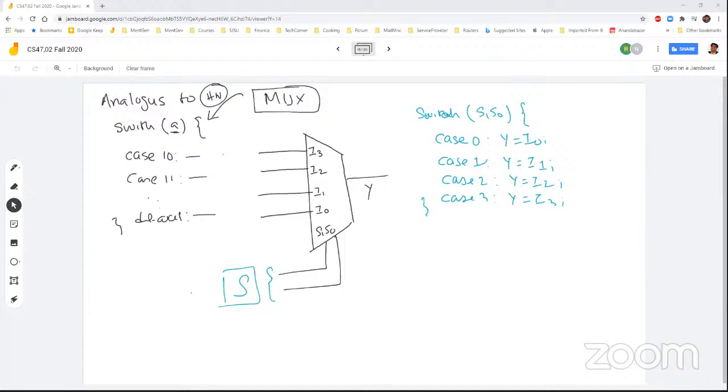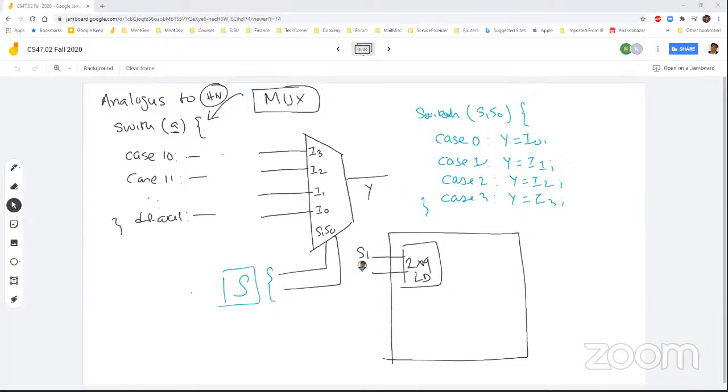To build this component, we need internally a decoder. Let's say, in this case, a 2x4 line decoder. S1, S0 is connected to I1 and I0 of that line decoder.